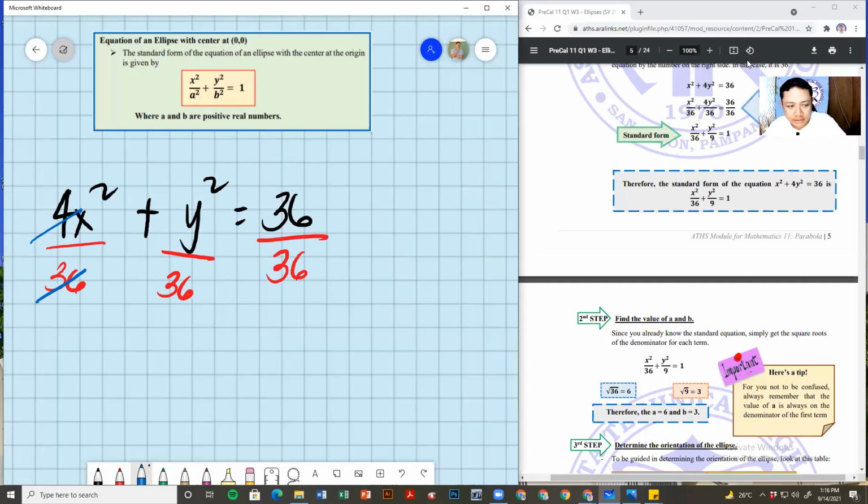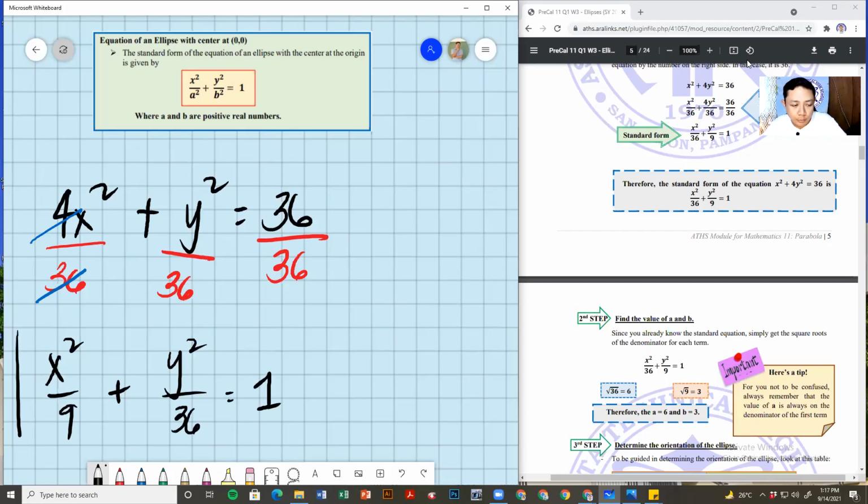So we have here x squared over 9 plus, since there is no coefficient beside y squared, that becomes the same. y squared over 36 is equal to 1. Once we are done in making it equal to 1, then we are finished.